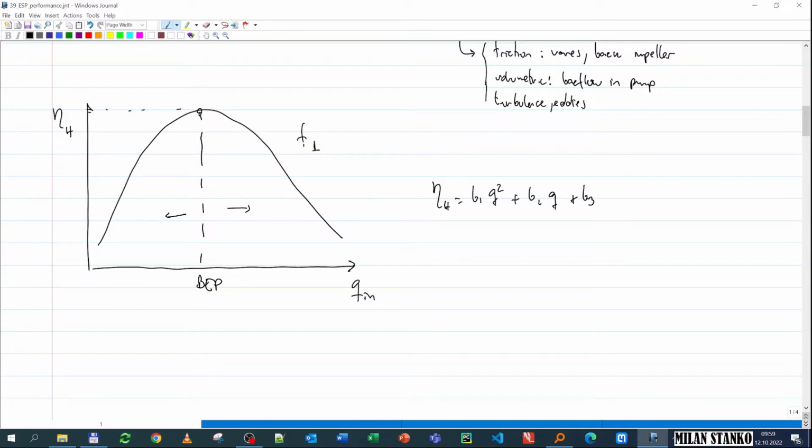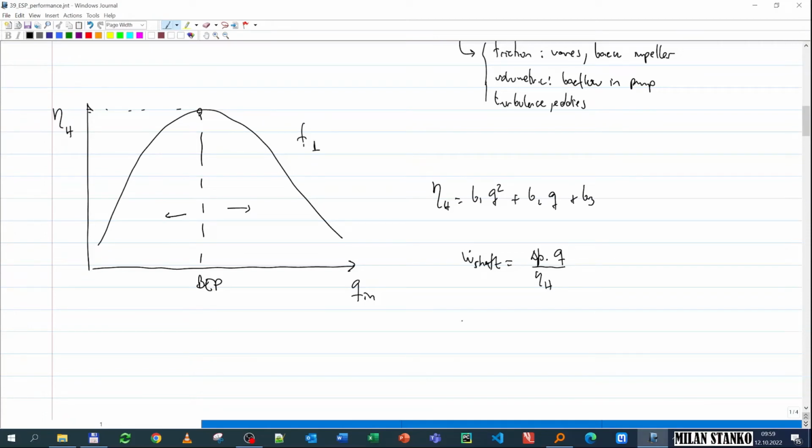The most important application for why I need to use efficiency is to calculate the power of the motor required, the capacity of the motor that you require. For that, I first calculate the shaft power, which will be delta P times Q divided by the hydraulic efficiency. If I have the frequency, the rate, the hydraulic efficiency, and the delta P, I can calculate the shaft power.